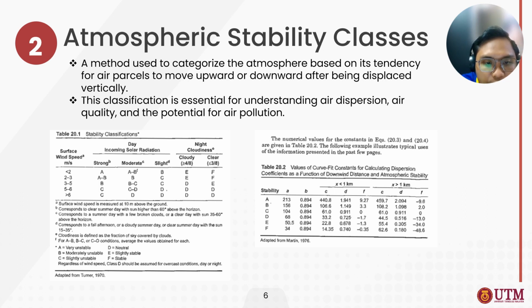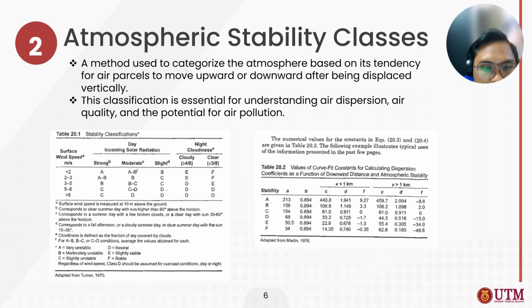Second, A corresponds to a clear summer day with the sun higher than 60 degrees above the horizon. B corresponds to a summer day with a few broken clouds or a clear day with the sun 35 to 60 degrees above the horizon. For C, a fall afternoon or cloudy summer day or clear summer day with the sun 15 to 35 degrees. For D, cloudiness is defined as the fraction of sky covered by clouds.